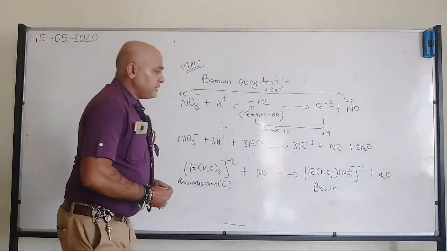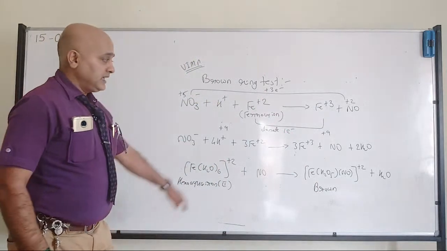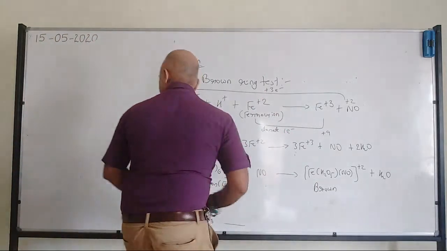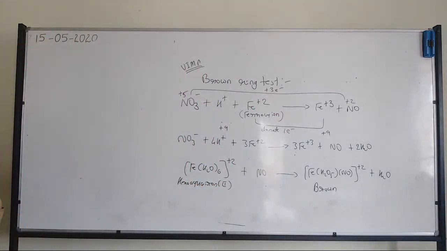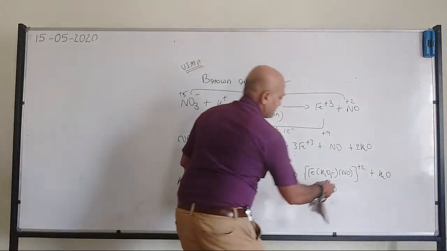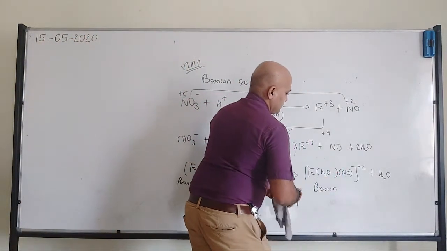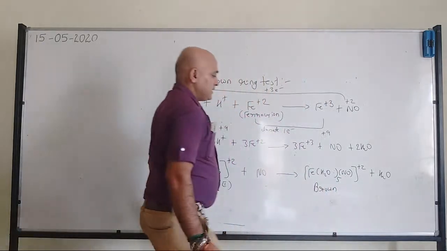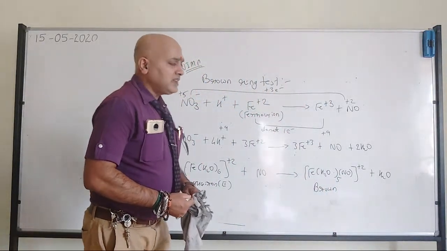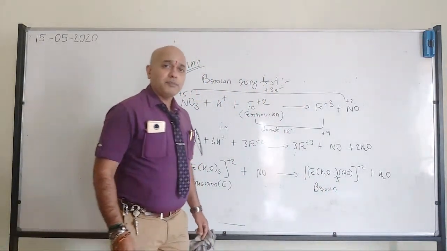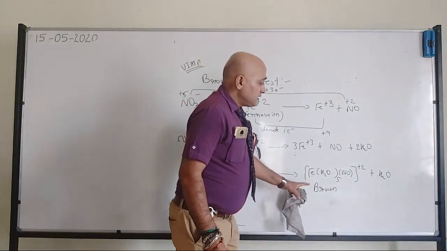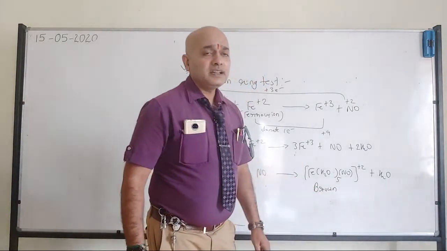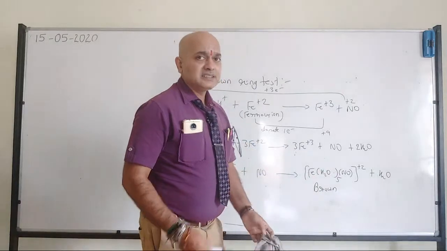The 5 should be outside, so we have pentaaqua nitrosyl iron(II) sulfate, if it is sulfate.